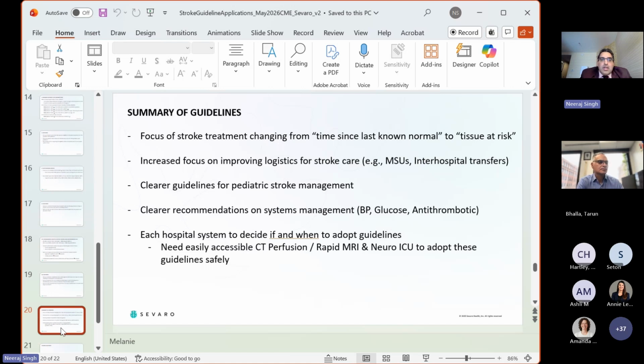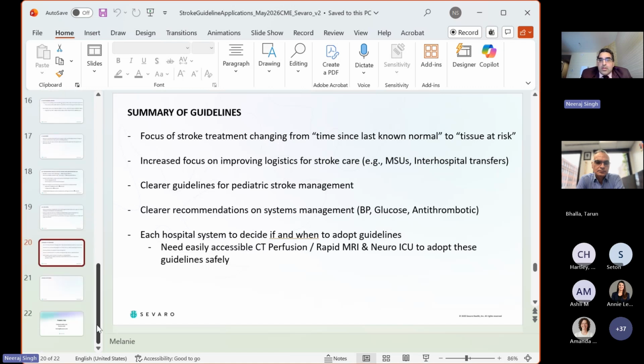But again, when it comes to each hospital system, it's important to decide if and when to adopt these guidelines, if you have the right access to the resources. Especially with the extended time window, having access to things like CT perfusion or MR perfusion, and even having a system like a neuro ICU or at least a medical ICU with experienced professionals who can handle patients after these interventional treatments.